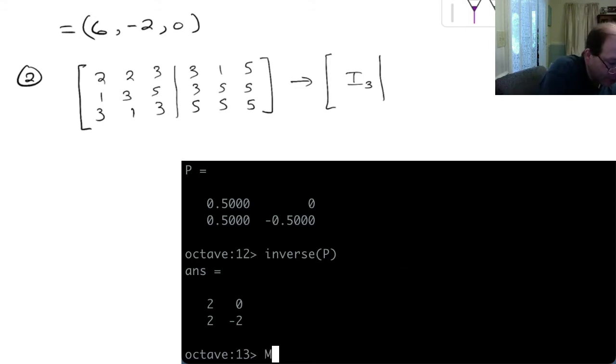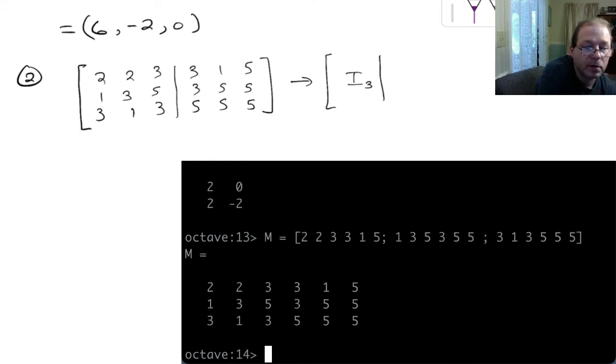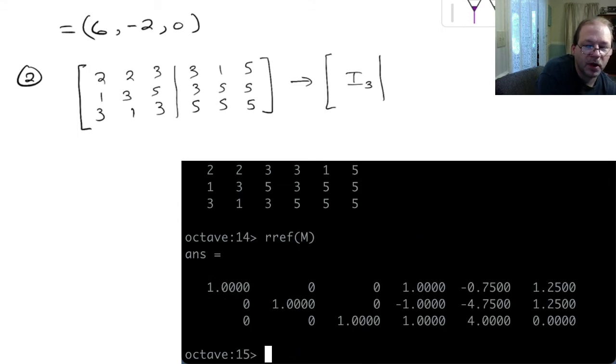All right, so my matrix here is 2, 2, 3, 3, 1, 5, 1, 3, 5, 3, 5, 5, then 3, 1, 3, 5, 5, 5. Okay, that's not too bad. It's got some fourths in it.